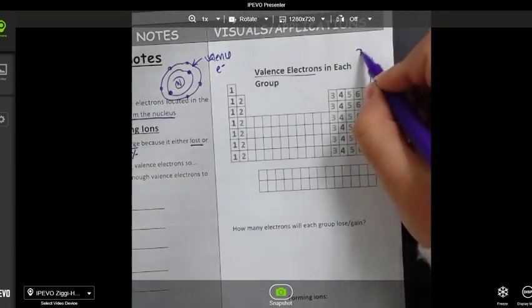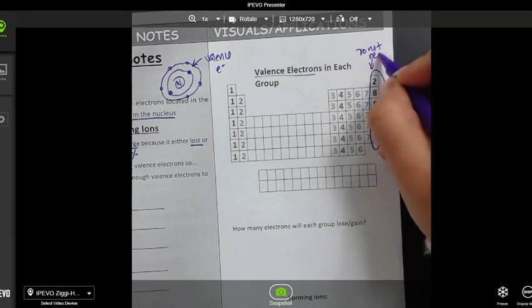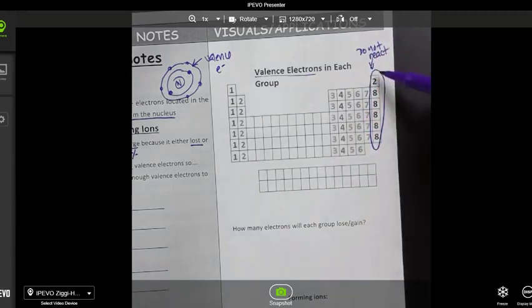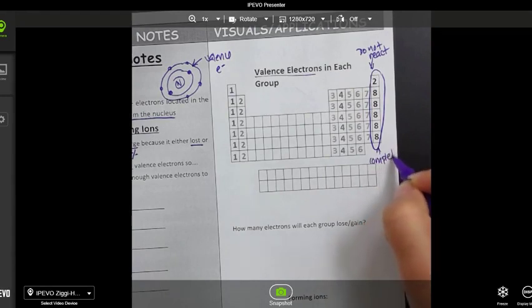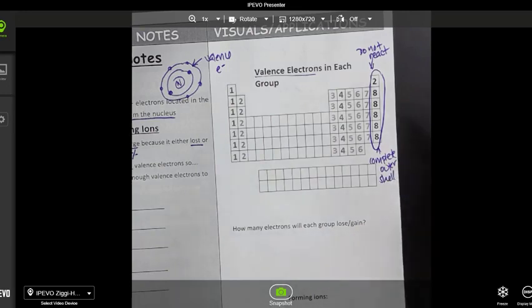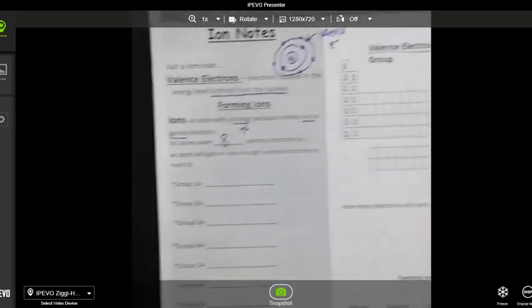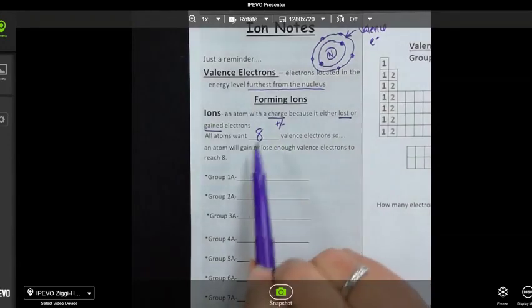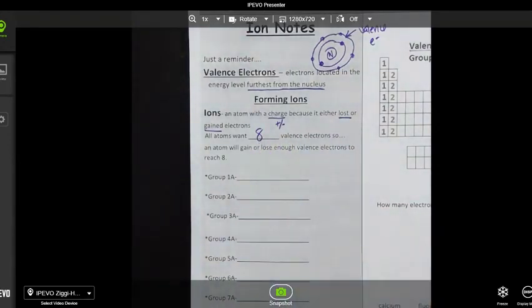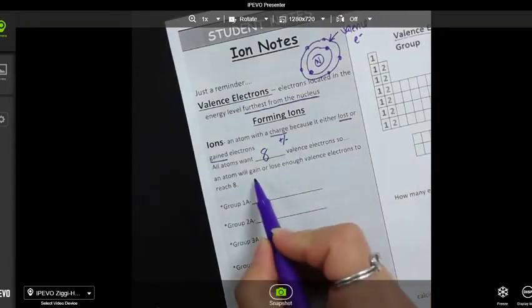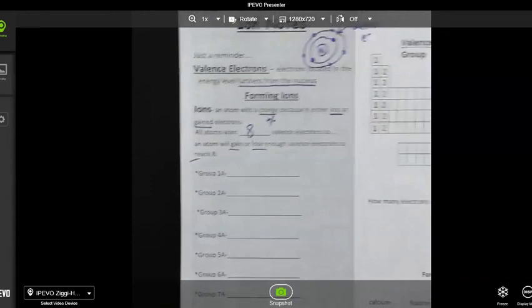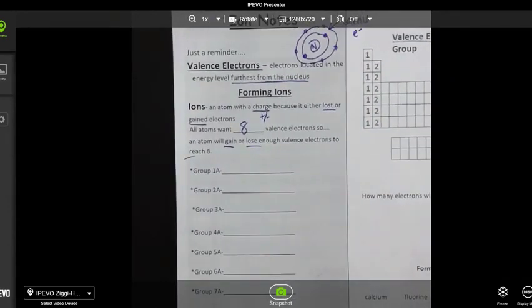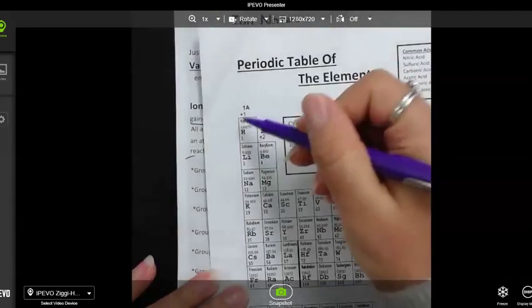Noble gases do not react, because they have a complete outer shell. They already have 8 valence electrons. So every other atom on the periodic table wants to be like a noble gas. They want to have 8 valence electrons, so they're going to gain or lose enough valence electrons so that they can reach 8.